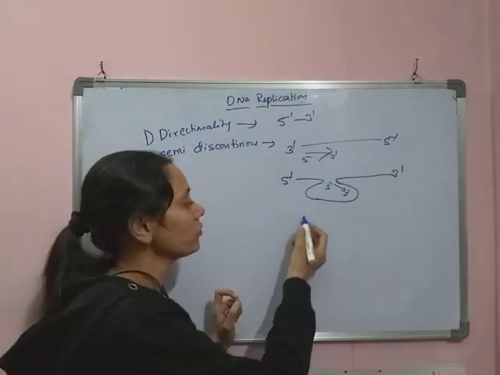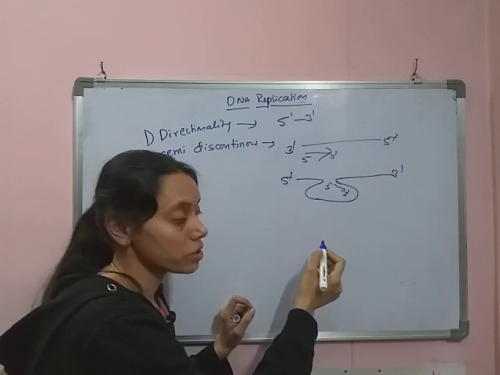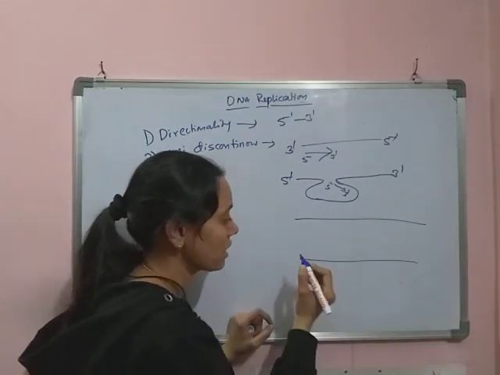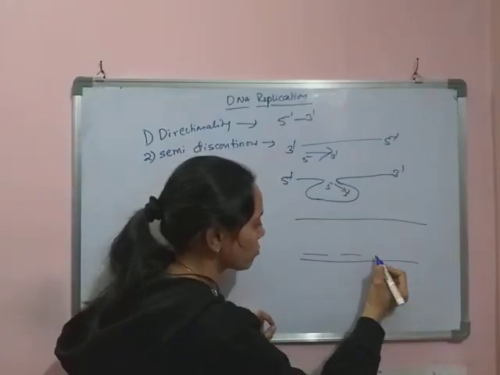Because of the small loops that are formed, DNA replication on the lagging strand is discontinuous.